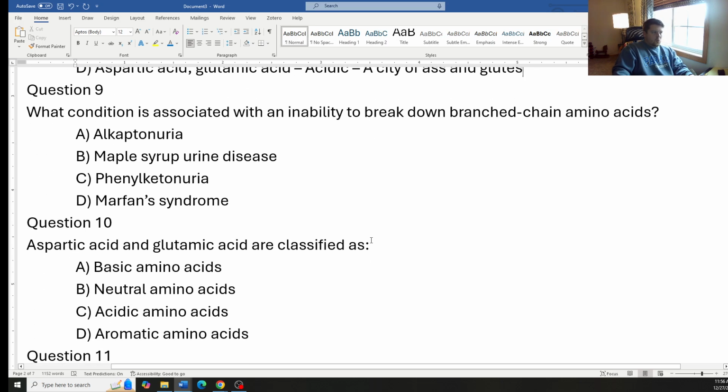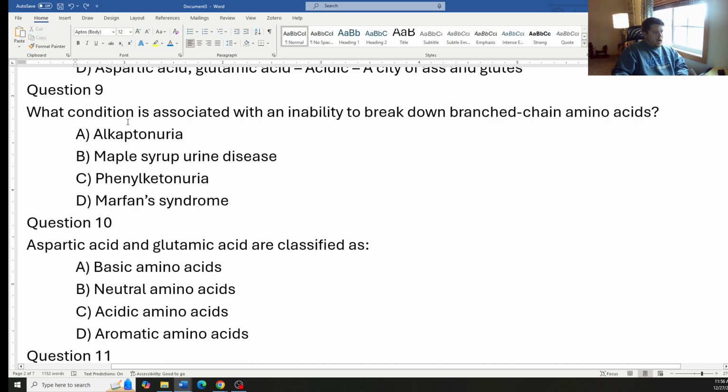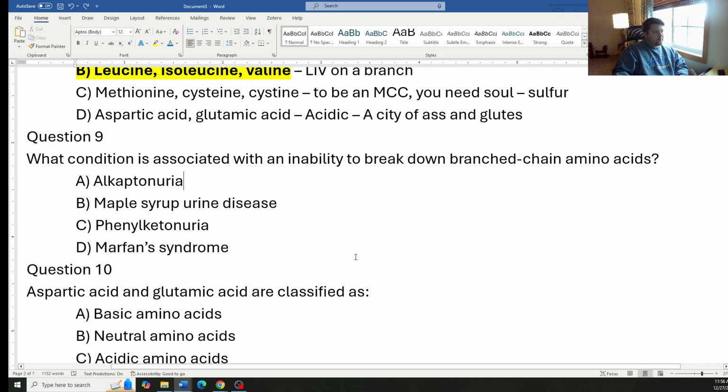Question 9. What condition is associated with an inability to break down branched chain amino acids? So we think branched chain amino acids. Our options are alkaptonuria, maple syrup urine disease, phenylketonuria, and Marfan's syndrome.